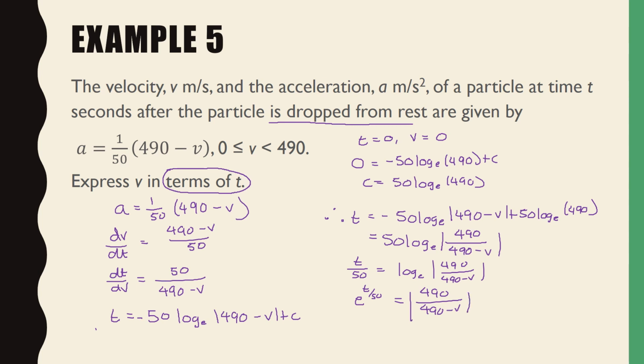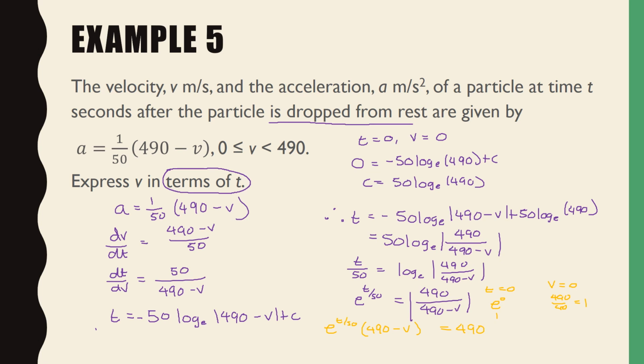Let's try putting in a value. If I was to try t equals 0, on the left hand side I'd get e to the power of 0, which is 1. On the right hand side, if I put v equals 0, I'd get 490 over 490, which we also want to be 1. So we want the positive version of that, which means I can get e to the power of t on 50 multiplied by 490 minus v equals 490.